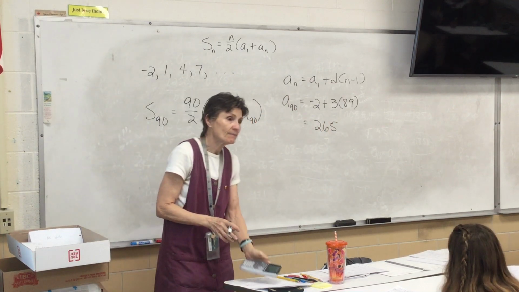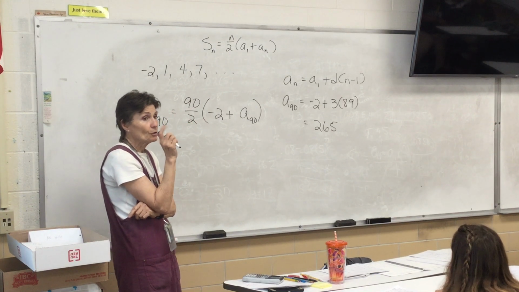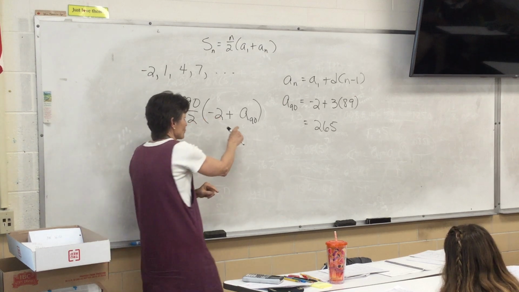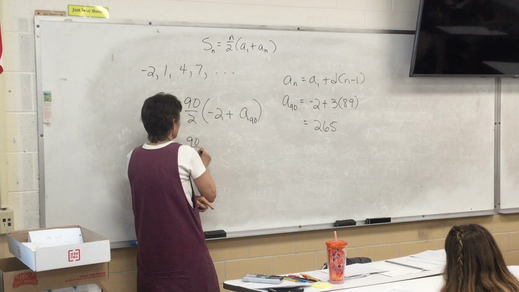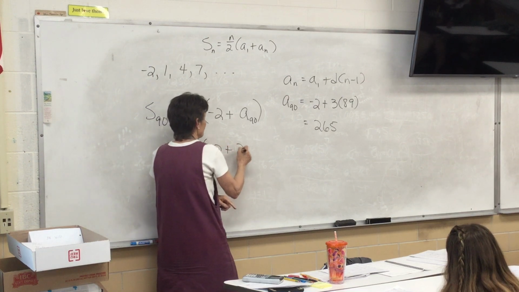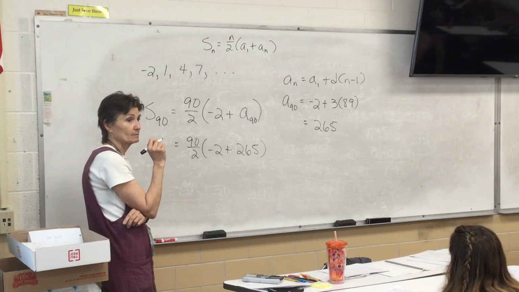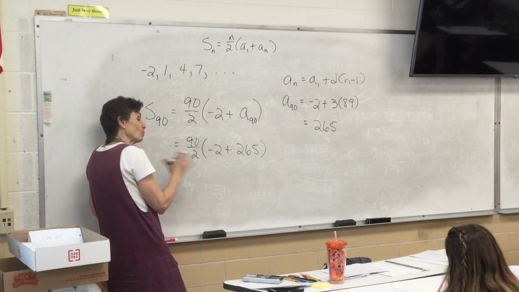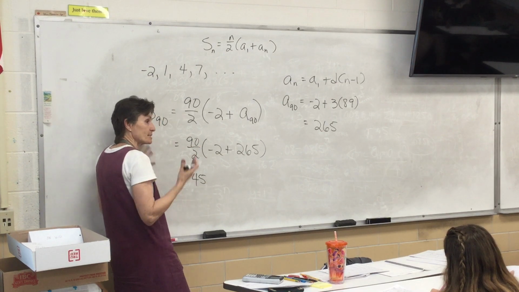Is 265 the answer? No, what do I do with that 265? Put it in for the A sub n right here, right? So I have 90 over 2 times negative 2 plus 265. Now you can type that in however it works for you. 90 divided by 2 is 45, so some people like to just say 45.